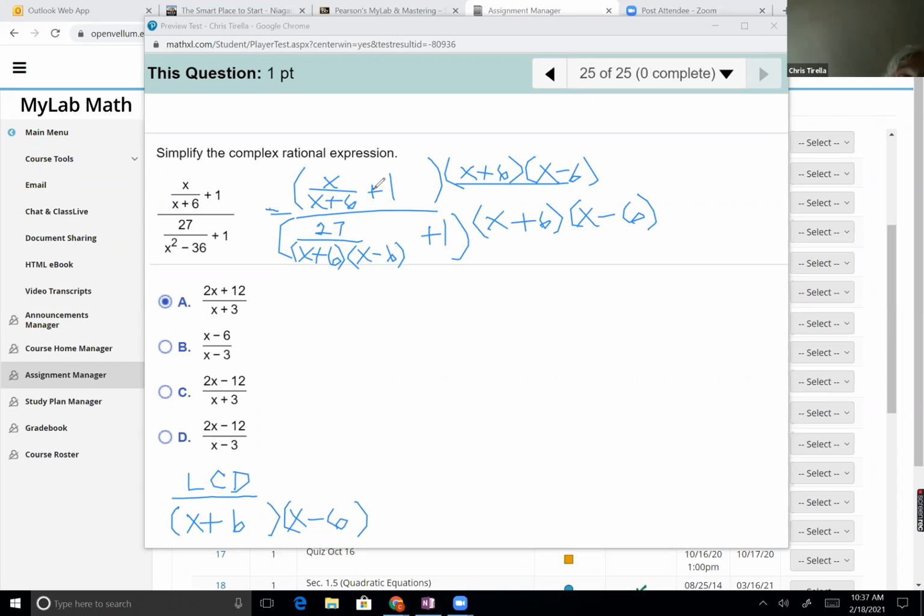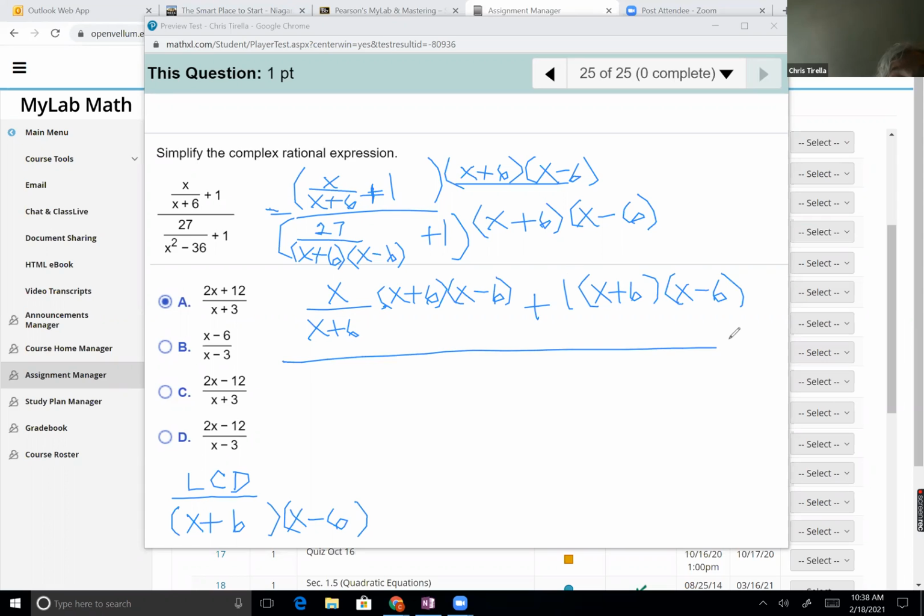We're going to distribute it over these two terms. So we're going to have that fraction x over x plus 6 times (x plus 6)(x minus 6), plus 1 times (x plus 6)(x minus 6).